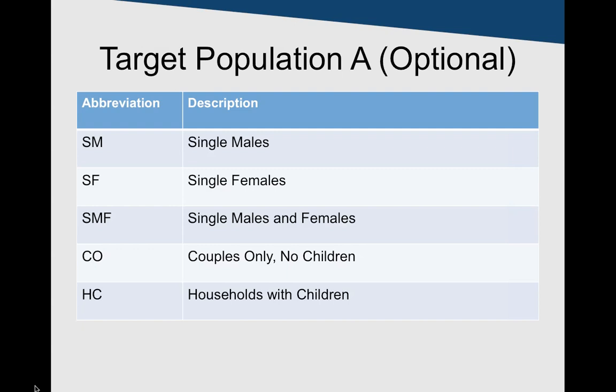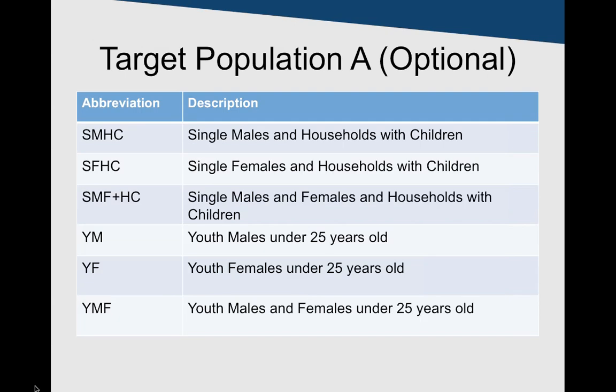So there are 11 target populations, A's, which include those listed on this slide. So we're talking single males, single females, single males and females, couples only, no children, and households with children.